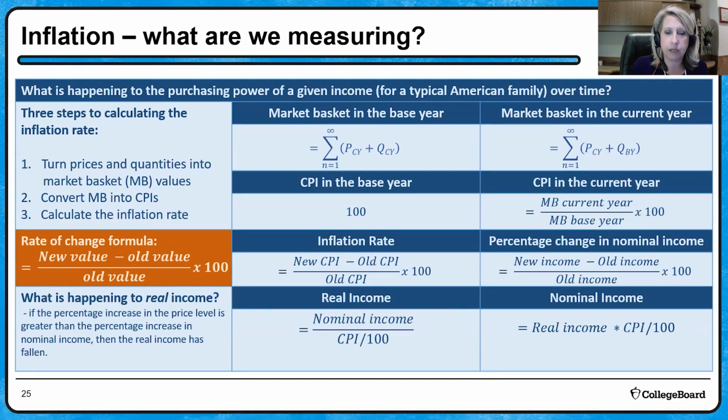So the formula to find real income is to deflate nominal income, and now instead of dividing by the aggregate price level, we're dividing by the CPI. And if we wanted to inflate real income to get nominal income, we would multiply by the CPI. Same formulas as we saw on the GDP slide, but now we're looking at incomes and the CPI as opposed to GDP and the deflator.